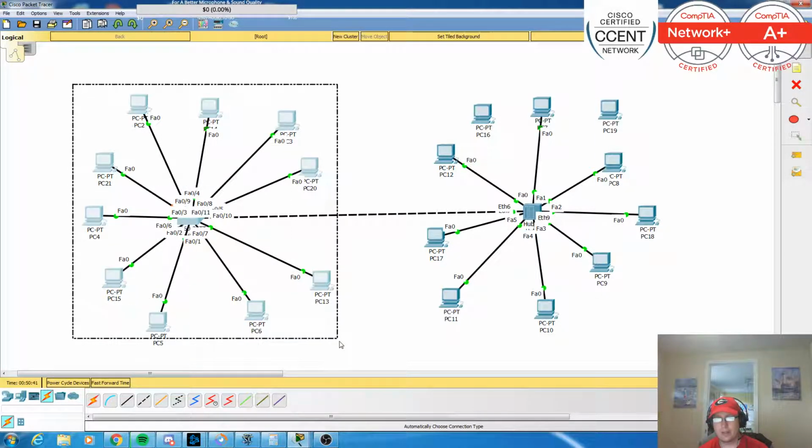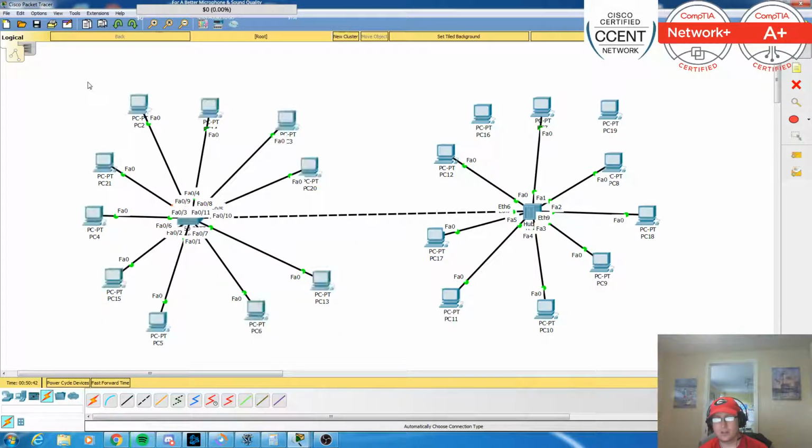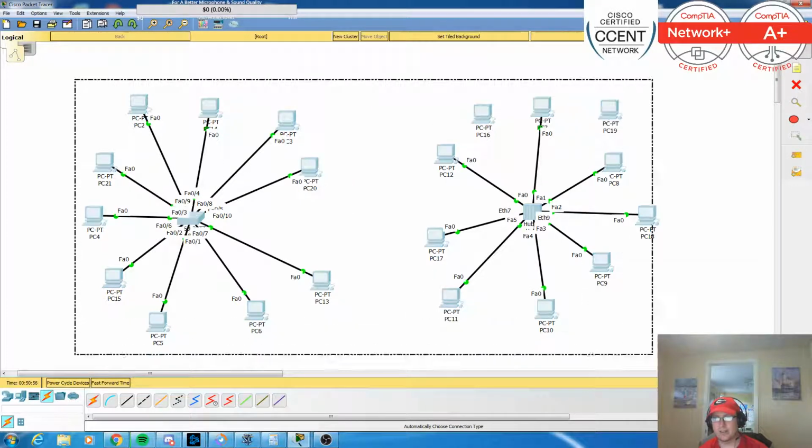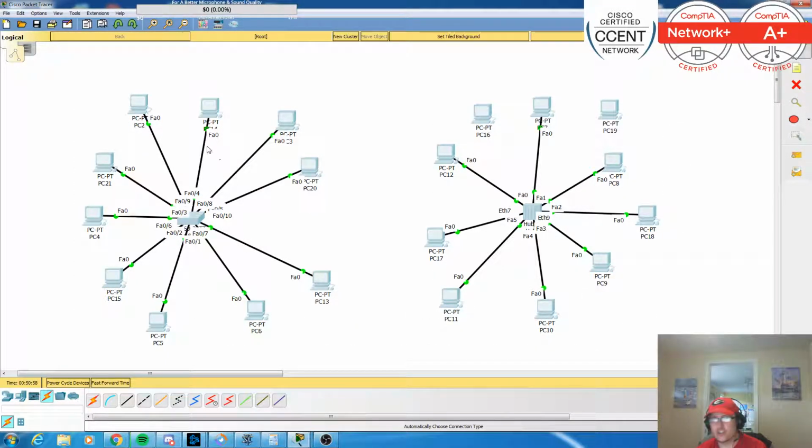So now, how many collision domains, you know what, we'll get actually, because that's going to get a bit confusing. Alright, so like this, with them not connected, how many collision domains are shown in this drawing? This entire drawing, how many collision domains are shown?